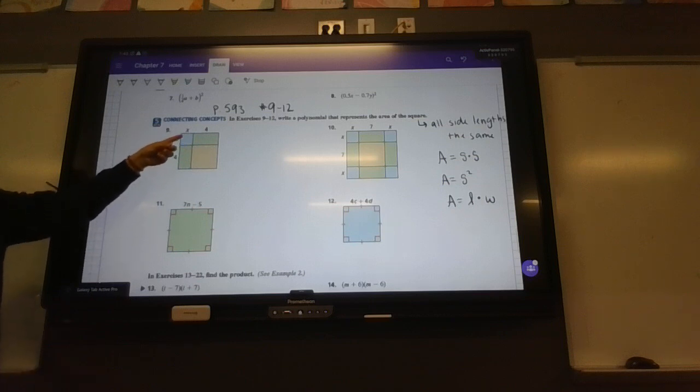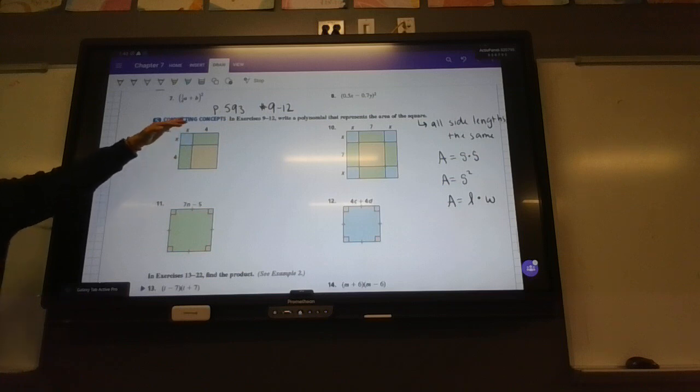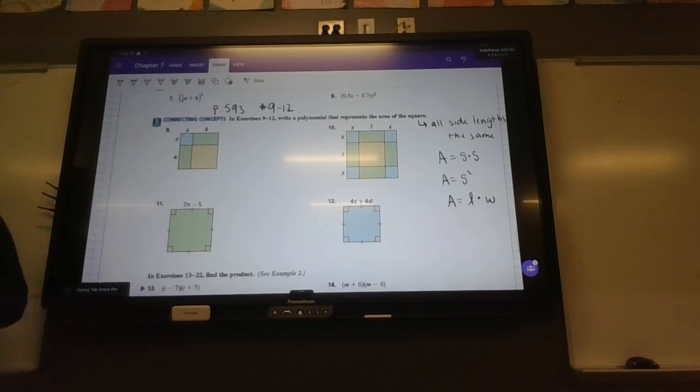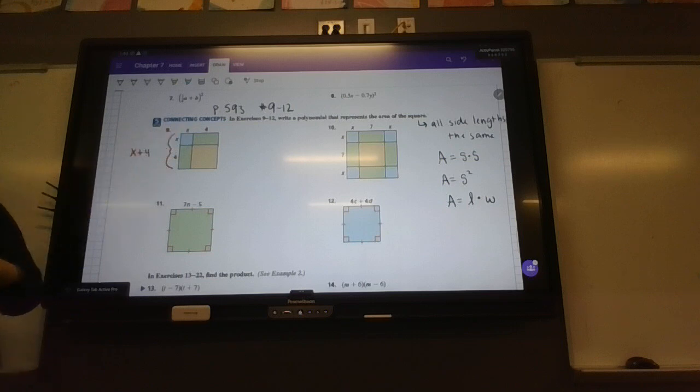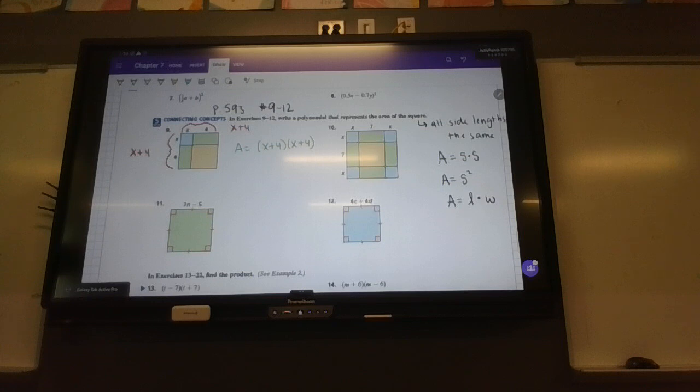The little blue square in number 9 would be x times x, but if we add in the 4, this side length is x plus 4. It's x and 4 together. And this side length across the top is also x plus 4. So the area would be x plus 4 times x plus 4, which is what we've been working on as a binomial squared.